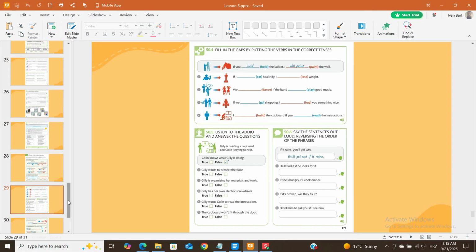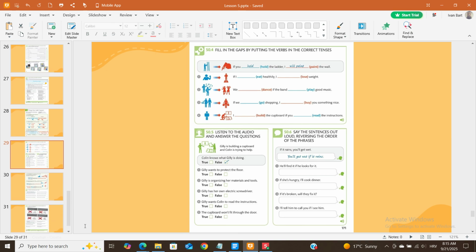50.4 Fill in the gaps by putting the verbs in the correct tenses. If you hold the ladder, I will paint the wall. If I eat healthily, I lose weight.